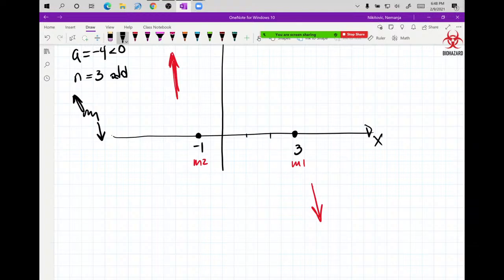So if you are ignoring multiplicities, then you are going to lose sight that it's actually a bounce over here, because that's what M2 means, a bounce. And then we're going to turn, and M1 means go straight through and then connect. So that's what the M1 means.